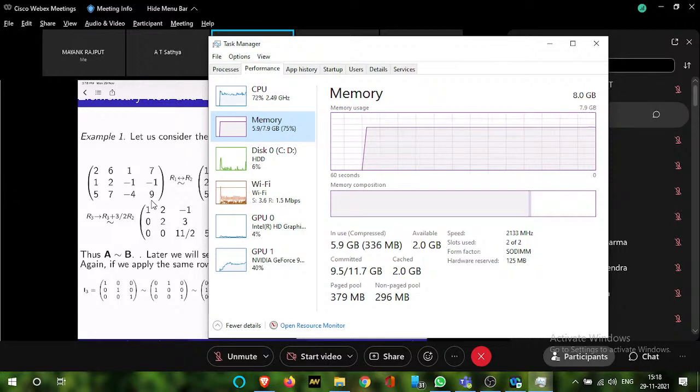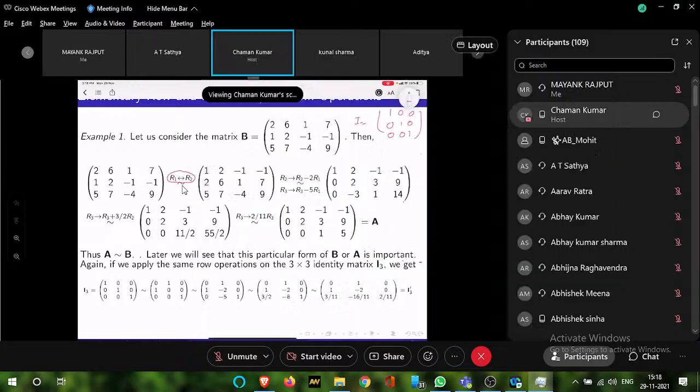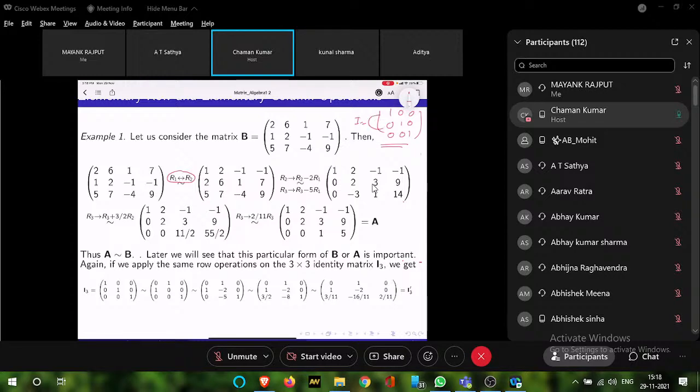So what was the first operation that we have applied in this calculation? We interchanged R1 and R2. Okay, so we interchange R1 and R2 in the identity matrix. So what do you get? Your first row will become 0 1 0.